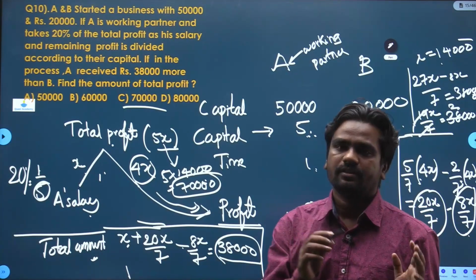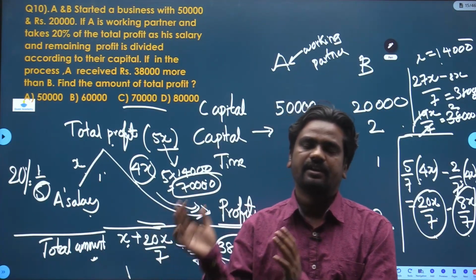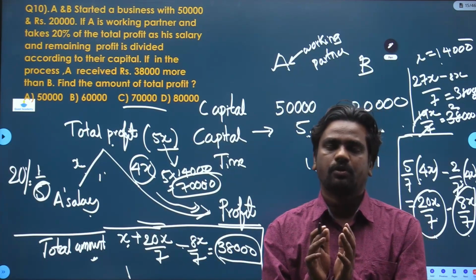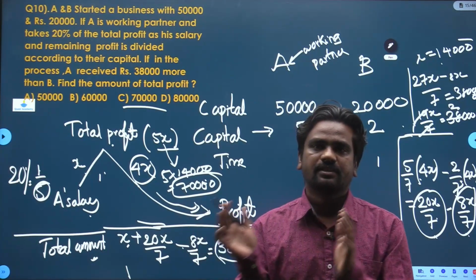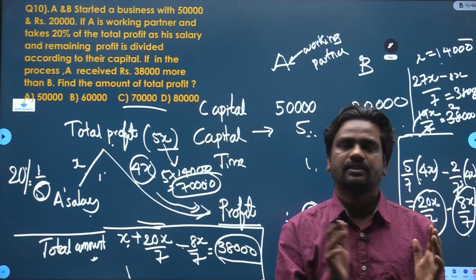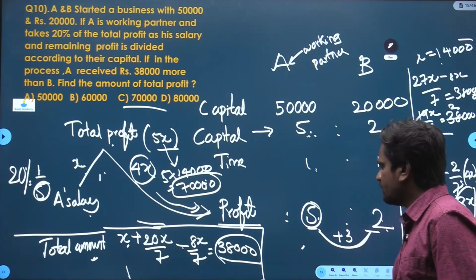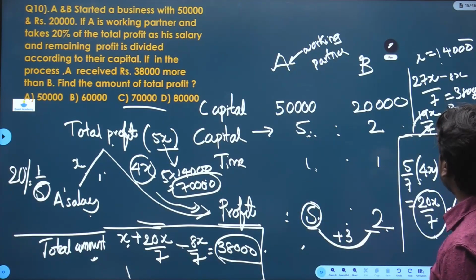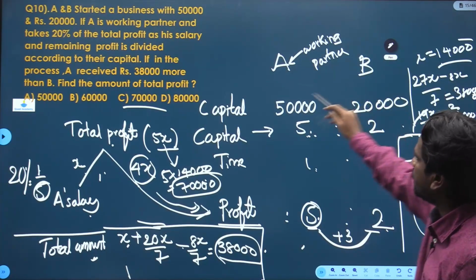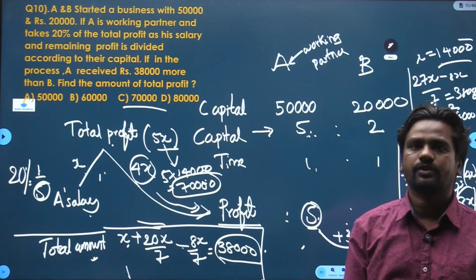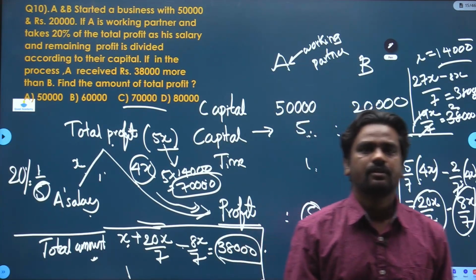So by this equation we got x equal to 14,000. We assumed profit equal to 5x, so 5x is nothing but 70,000.